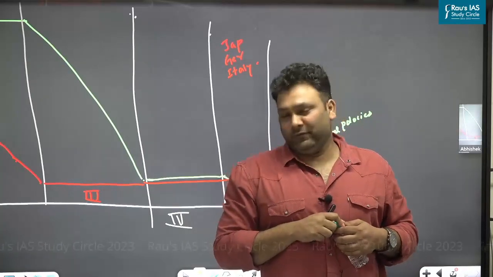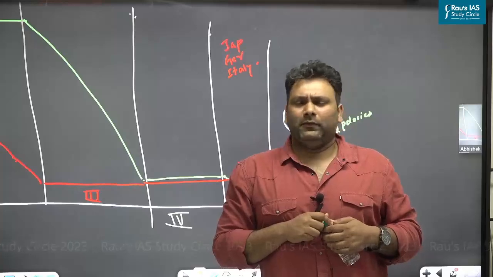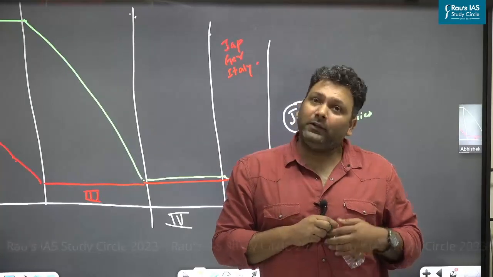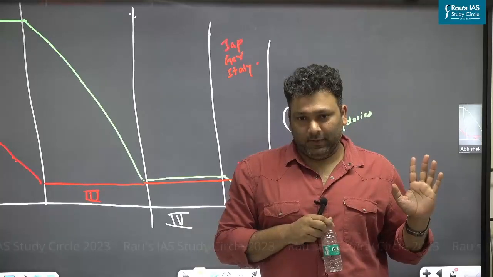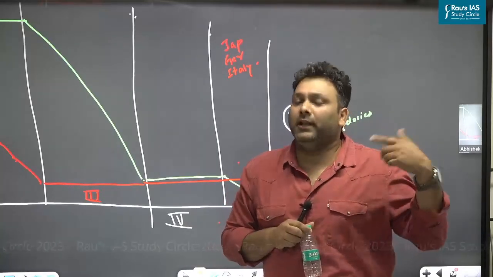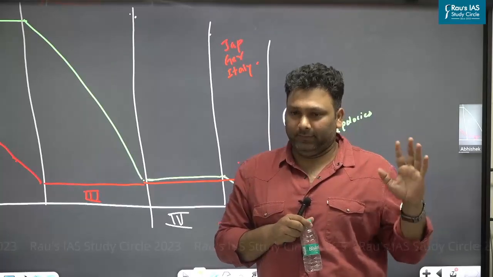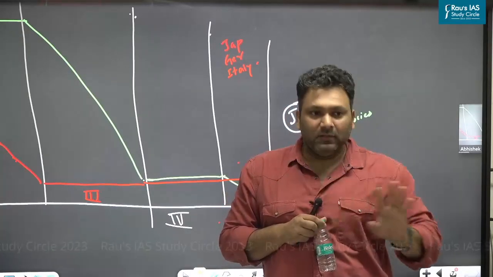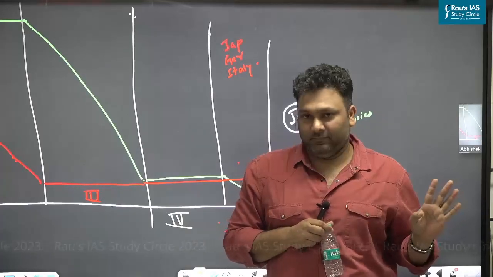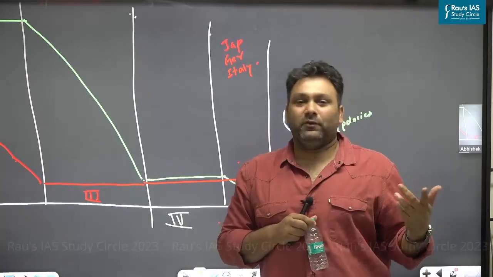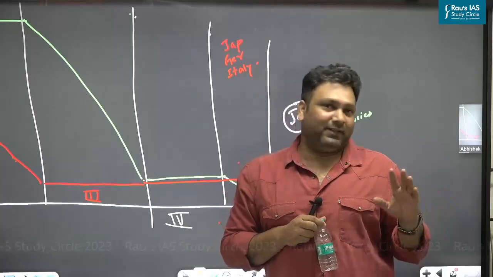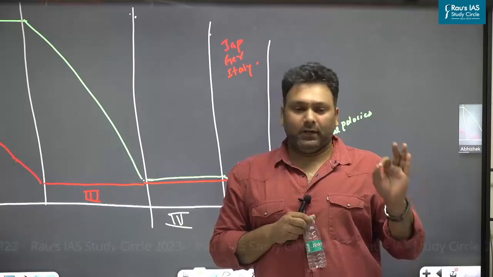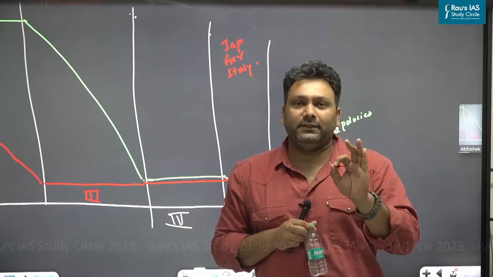Whatever is happening currently, I talk a lot about those things, and sometimes it may sound overtly political when you're listening to my classes. But whenever I make you write the notes, it's all very objective. So whatever I'm making you write can be presented in your answer, and you please try to address the demand of the question.